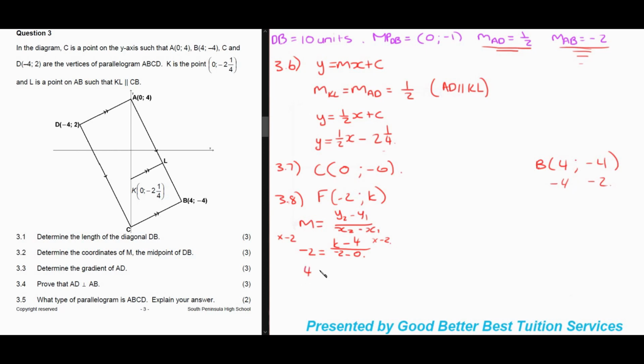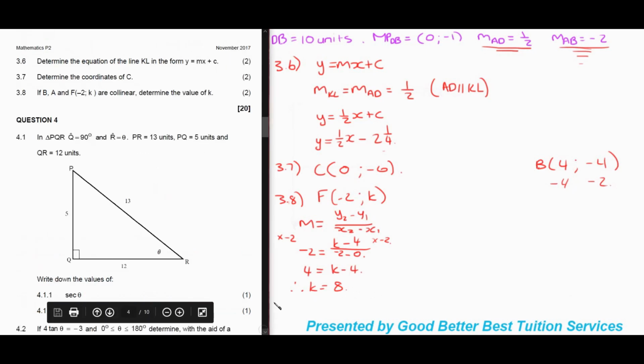So this is positive 4 is equal to K minus 4, right? And so all that we have to do now is take 4 over to get K by itself. And so to take me to there, K is equal to, so obviously 4 comes over, becomes positive 4, so 4 plus 4 gives me 8. And just like that, we've solved for K using the collinear advice that they had given us.